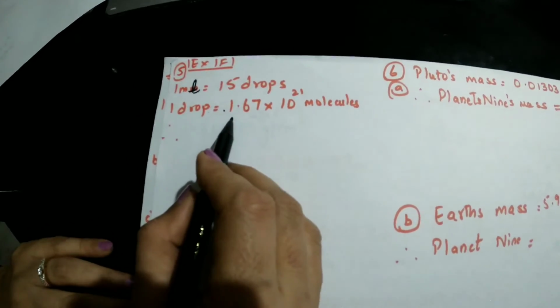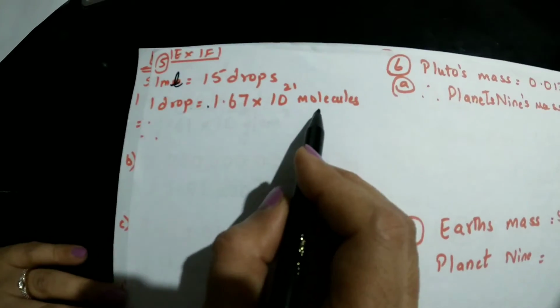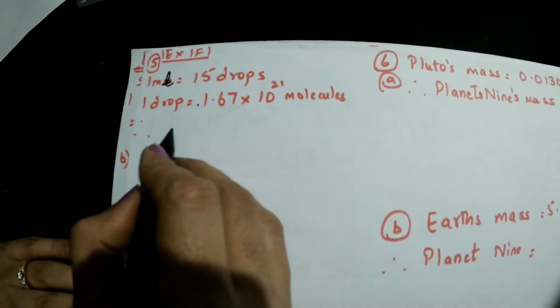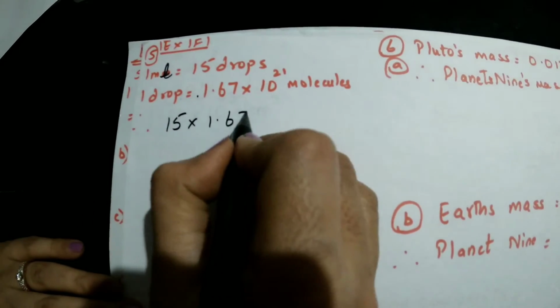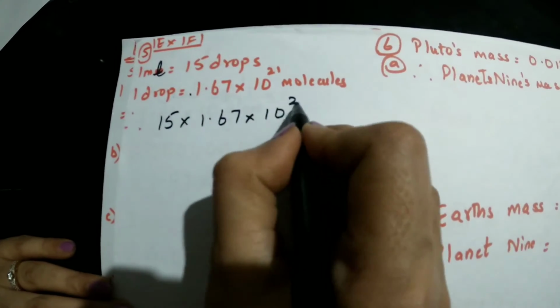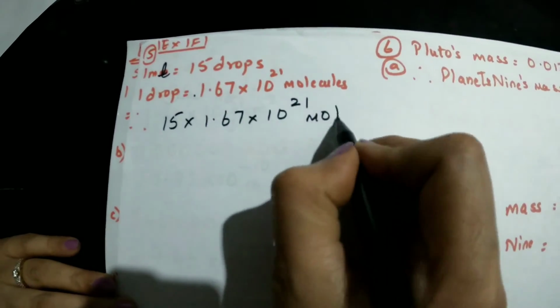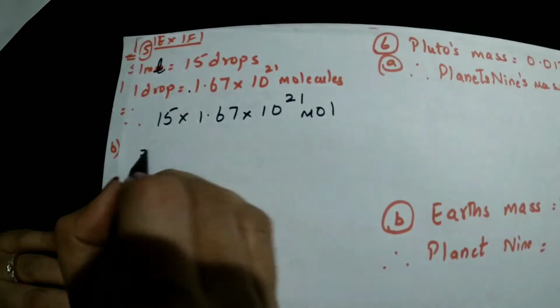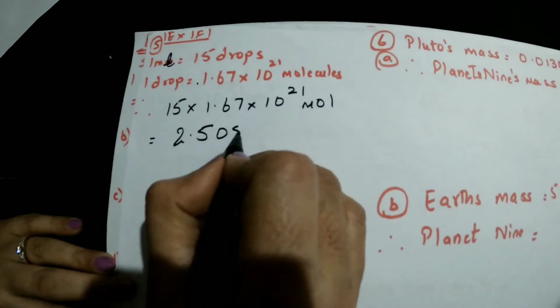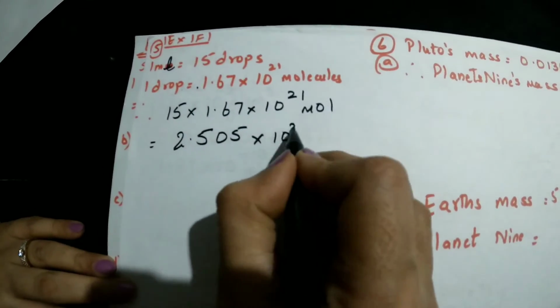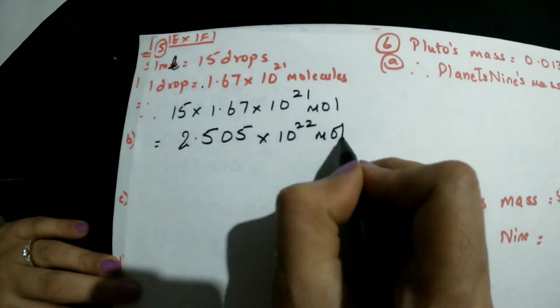So 1 drop has these many molecules. Therefore 15 drops will have 15 times 1.67 into 10 raised to 21 molecules. Now if you put this in your GDC you will get the answer, as I've already done it, 2.505 into 10 raised to 22 molecules.